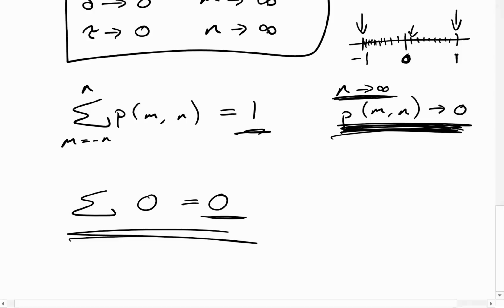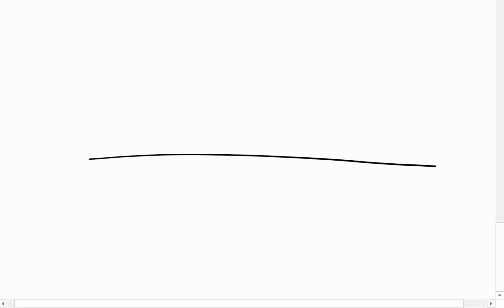Okay, so here's what we're going to do, and I'm going to try and present it graphically, hopefully so you can see a little bit better. I'm just going to consider my number line, and let's say, for example, I'm at this position here, so I'm at x. Let's say that the distance which I move is given by delta. I'm just going to scale this up, enlarge it, if you like.